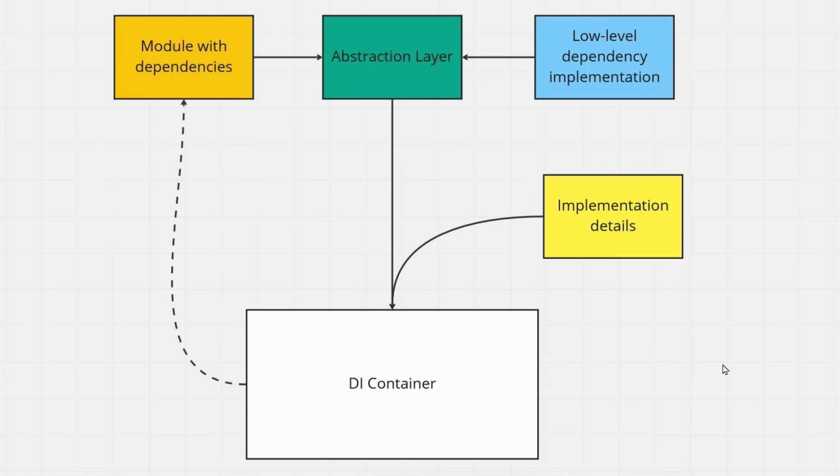Such a container gets provided with a list of implementations as well as interfaces that those implementations fulfill and some implementation details for them as well, so the lifecycle or the scope of them, and they are getting fed into the dependency injection container, which is created at build time. Then at runtime, whenever a module requires some dependency, it just asks the container, and the container, based on the rules that it was provided at build time, knows exactly what to provide.